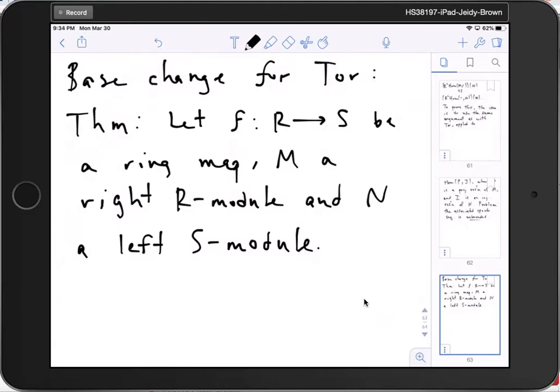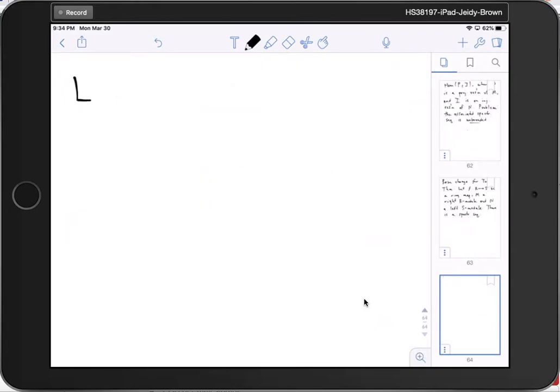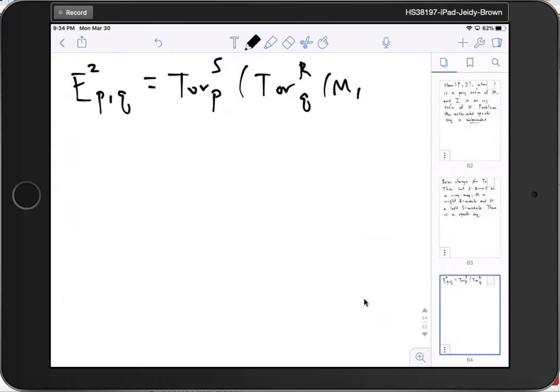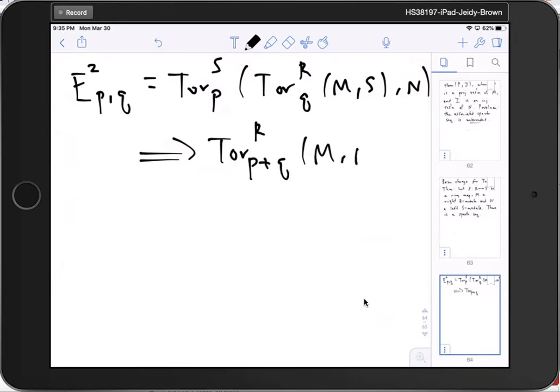In the statement of base change for Tor, I say right module N, but I mean left module N. Okay, so the statement is there is a spectral sequence with E2 page Tor_p^S(Tor_q^R(M,S), N), and it converges to Tor_{p+q}^R(M,N).